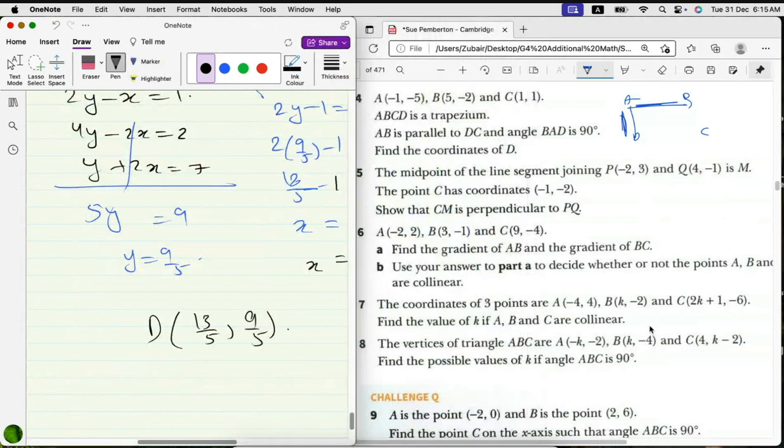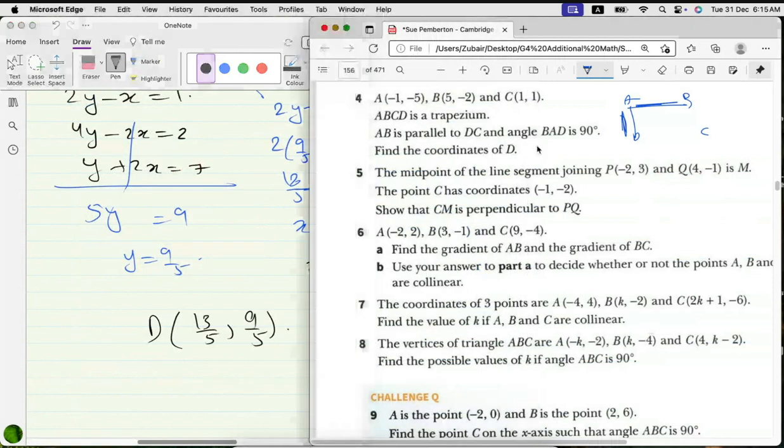Just like to check the answer: 13 by 5, 9 by 5, 2.6 and 1.8.